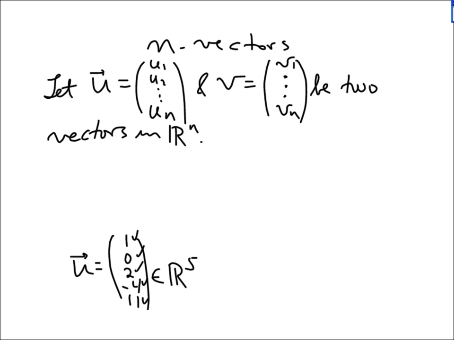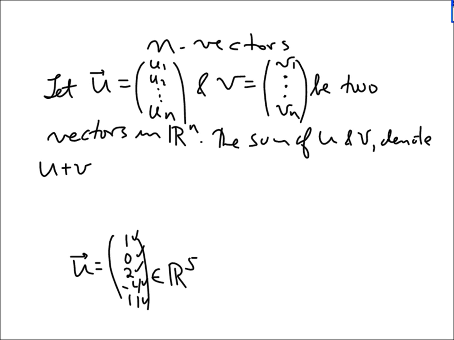Let's talk about how to add them. The sum of U and V, which we denote naturally enough as U plus V, is, and we add component by component.